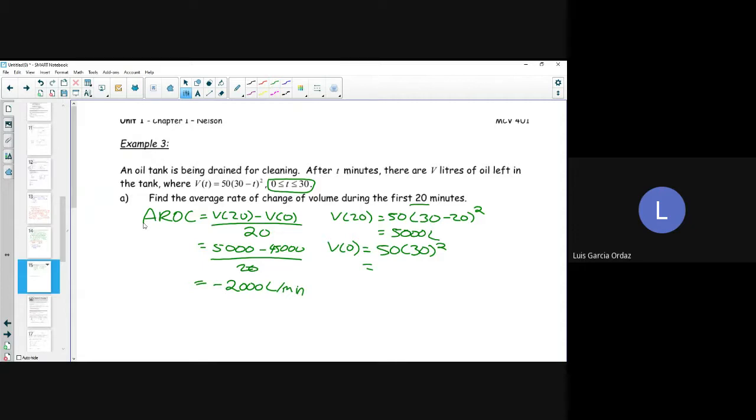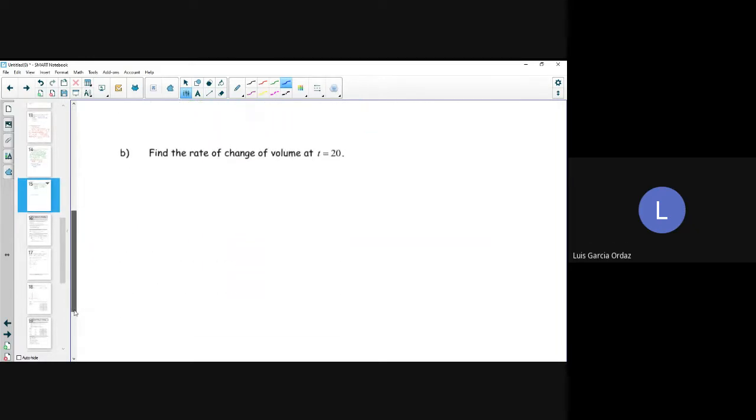Okay, so you guys can probably assume what's going to come next. We're probably going to have to find the rate of change at a specific time t. So we want to find the rate of change of the volume at t is equal to 20. Because it's giving us a specific point that we have to find the rate of change at, we need to use the limit.